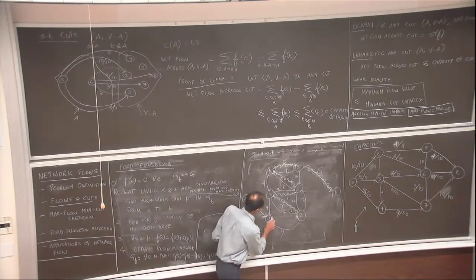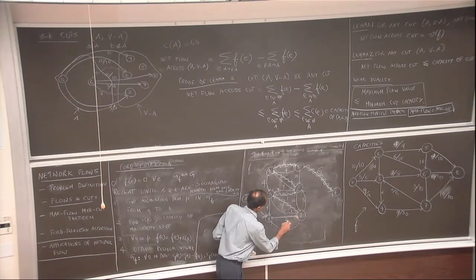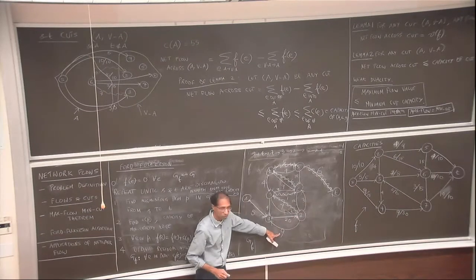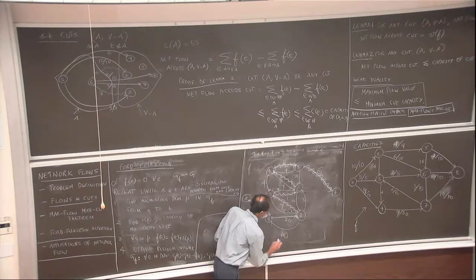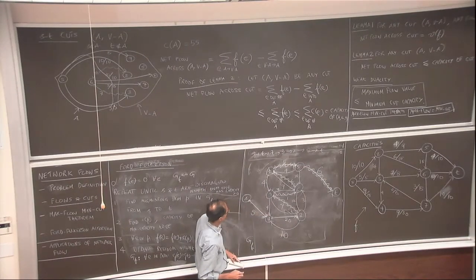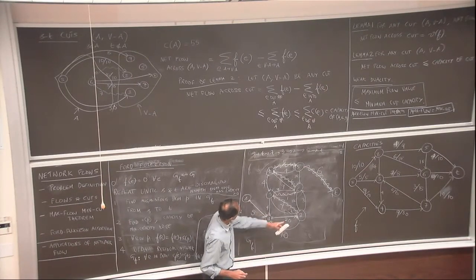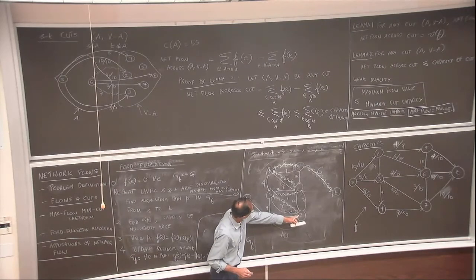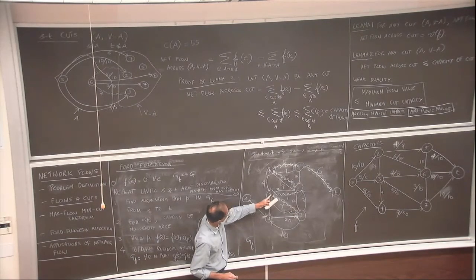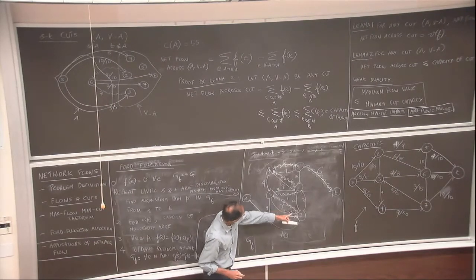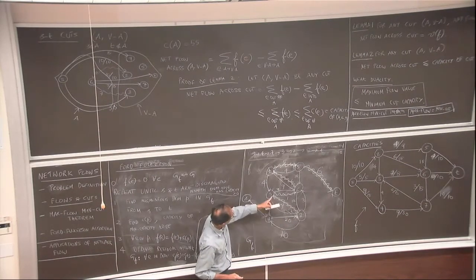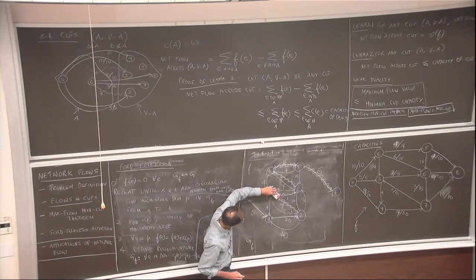Because we're only sending 1 unit. And this 9 goes up to 10. This 7 to 3, was it 4 or 2? I think 4. 7 to 3, from 4 its capacity goes down to 3.